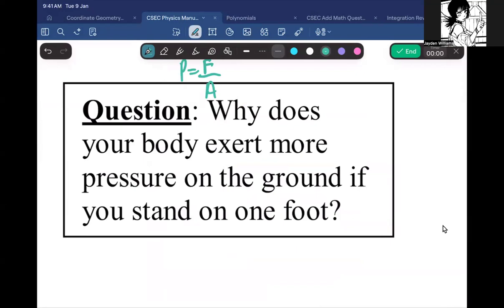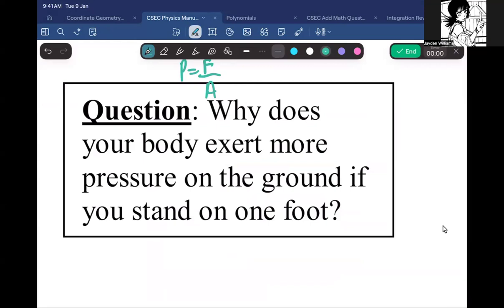When you stand on the ground with both feet, isn't the weight of your body distributed through both feet? Like the area over which your weight is spread out is over your 2 feet. But when you stand on one foot, does the area increase or decrease?